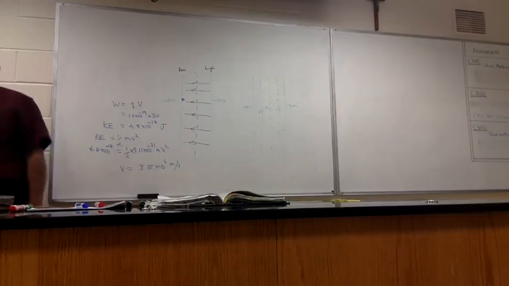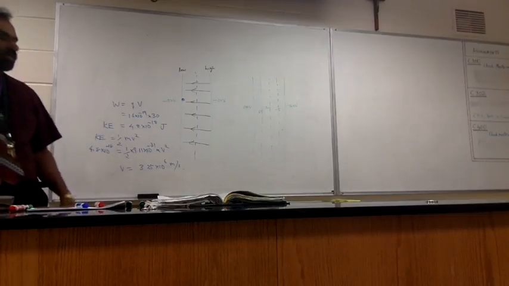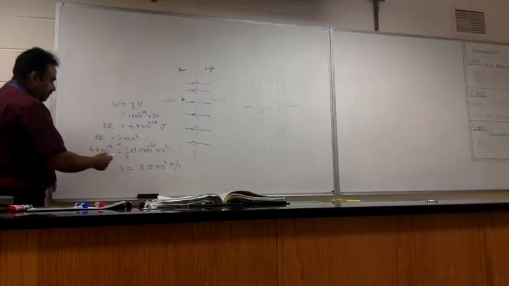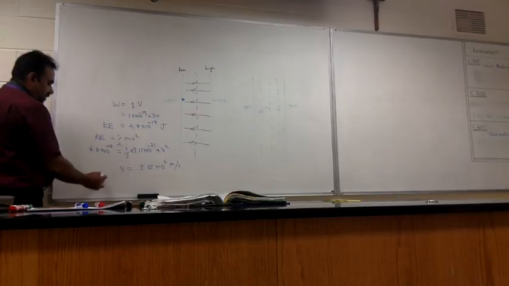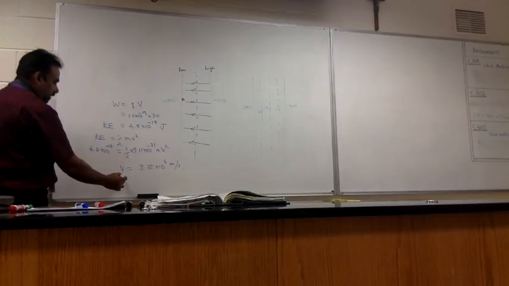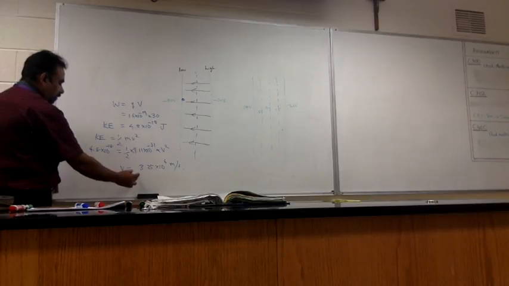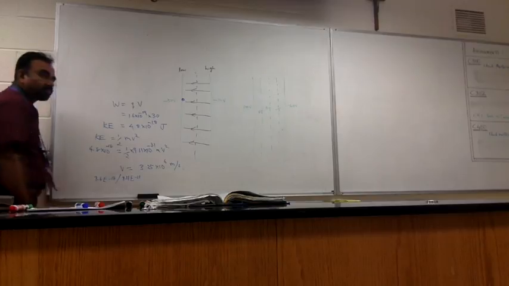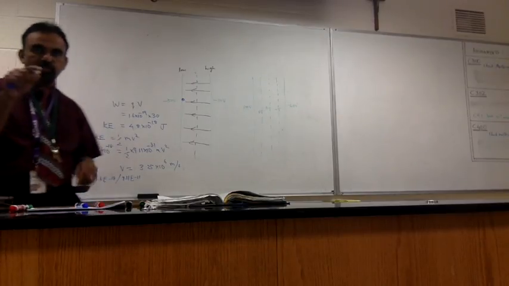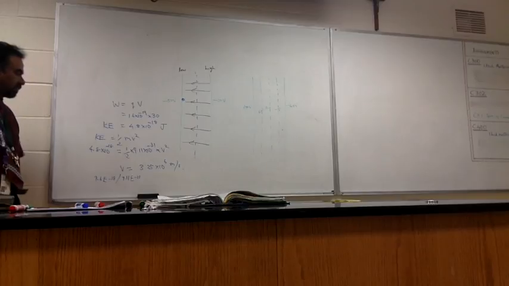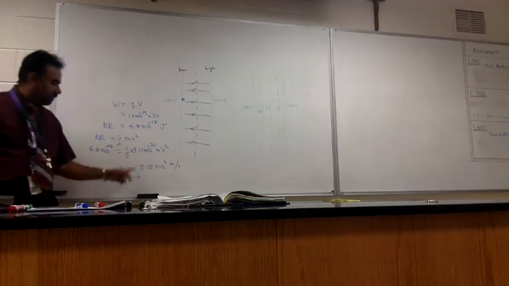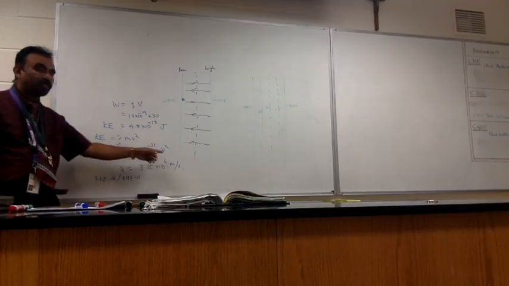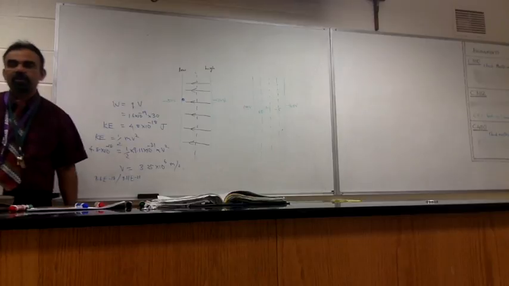Type 9.6 E negative 18, then divided by 9.11 E negative 31, and then take the square root of that. 9.6 E negative 18 is this part times 2, divided by this gives you v squared, then take the square root of the answer. You should get it. Got it?